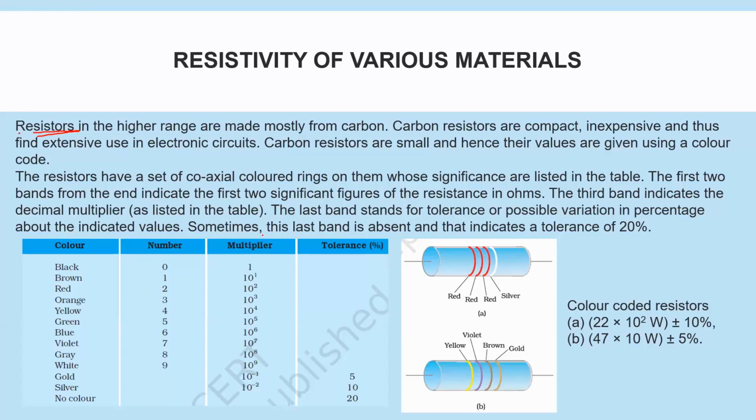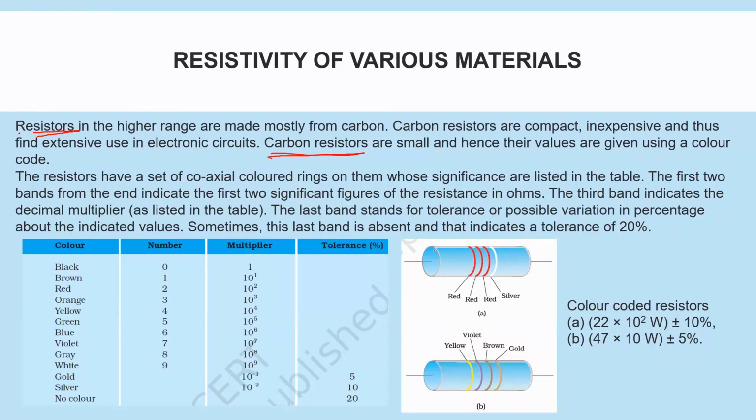Okay, and usually the resistances of these resistors don't vary a lot according to the temperature. Okay, so that is why carbon resistors are a good material to be used as resistors.